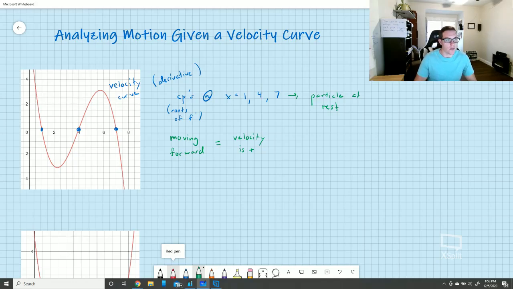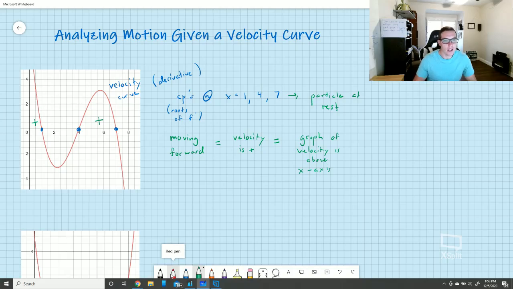And where the velocity is positive, if this is the velocity graph, that's where the graph of velocity is above the x-axis. So it looks like this section we're positive and this whole section we're positive.